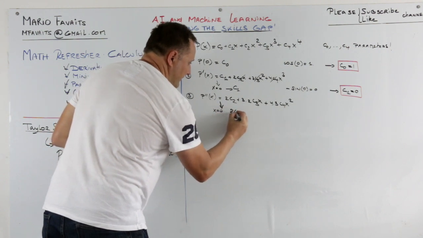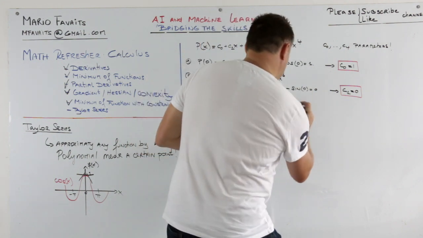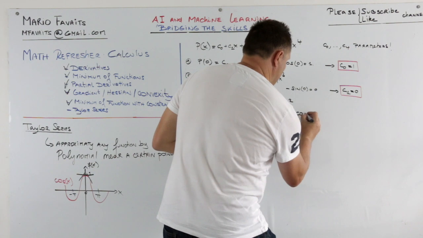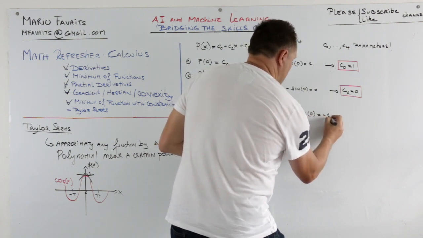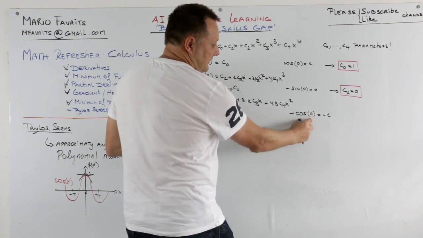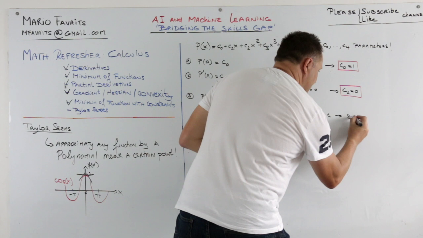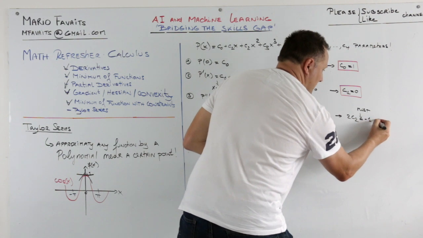we have 2C2. And if we differentiate the cosine, the derivative of the sine is the cosine, at the point 0 equals minus 1. So that's 1 with the minus is minus 1. So that means that 2C2 must be minus 1.